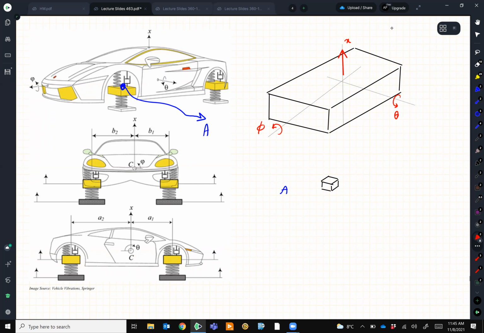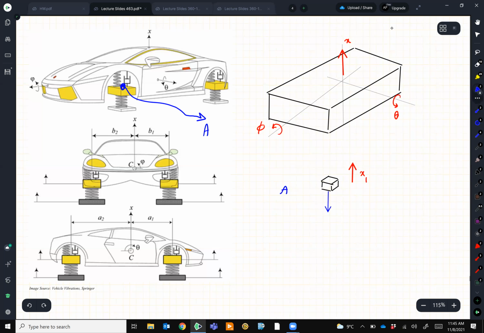That's a regular car, and those are the degrees of freedom for it. And for each tire, you need to select 1 degree of freedom. Let's call this one x1. So when you draw your free body diagram, of course, here you have a spring. The spring creates a force.